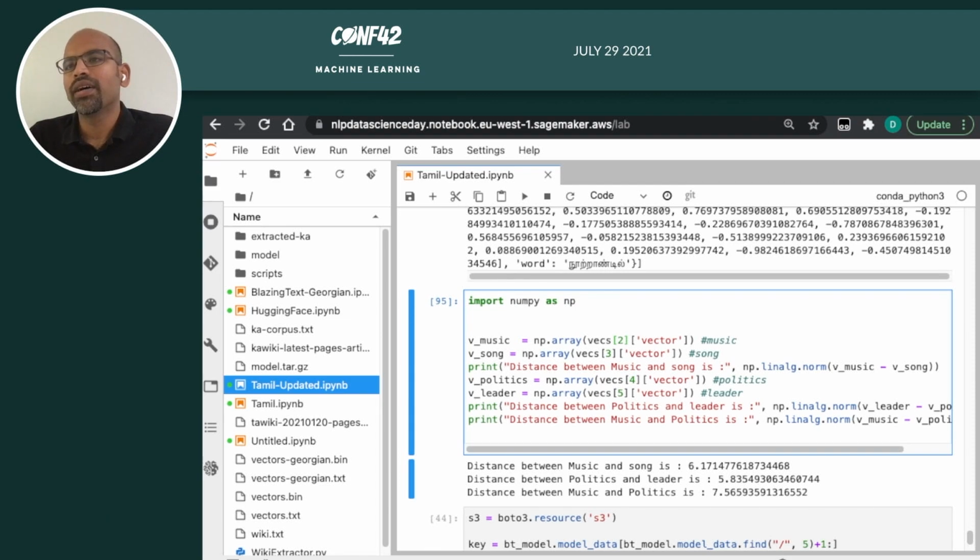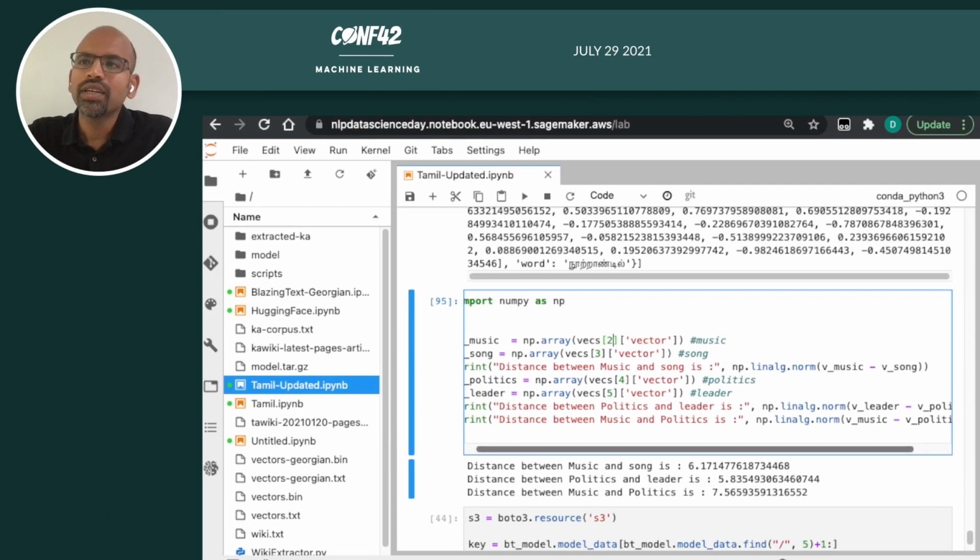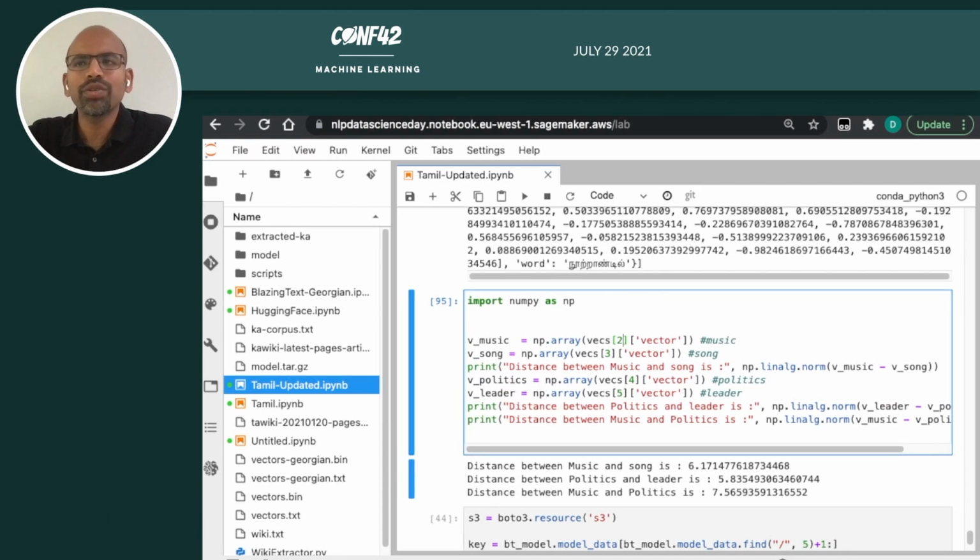But now if you see politics and leader, yes, they are close, and the vector of leader minus vector of politics is giving you 5.8. They're a lot closer because they are words that appear in context. Now, when I try music and politics, it has figured out that they are a bit further away than politics and leader.